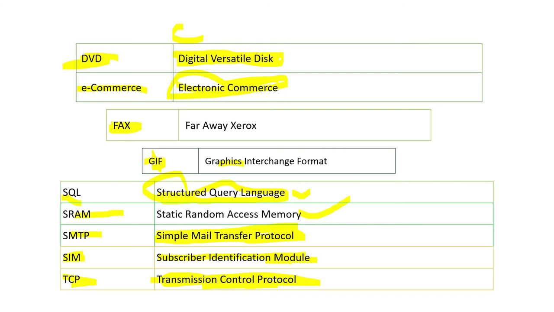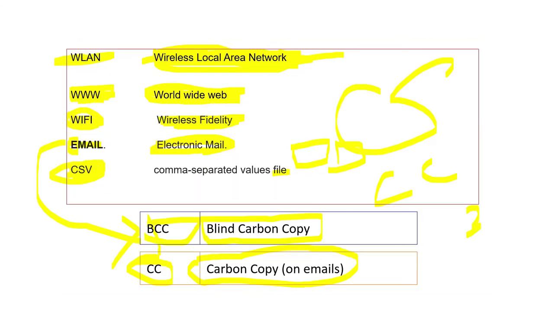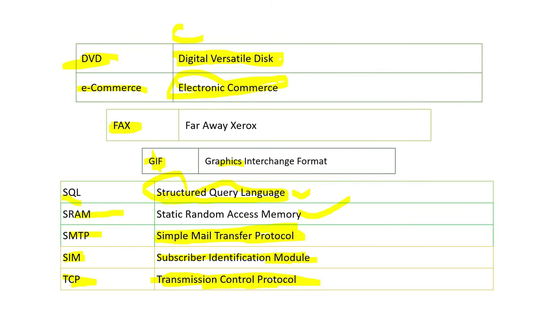So this was all about the terms and abbreviations. Finally this ended here. Okay, and hope you like this video, and this is a very important video for all, whether you are going to attend some examination, competitive exam, or anything.